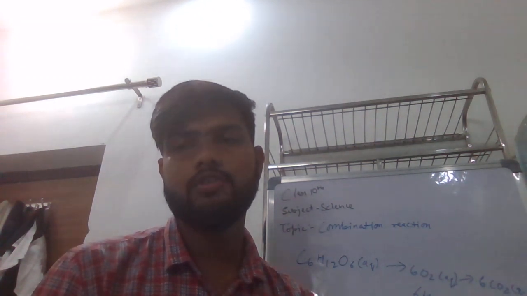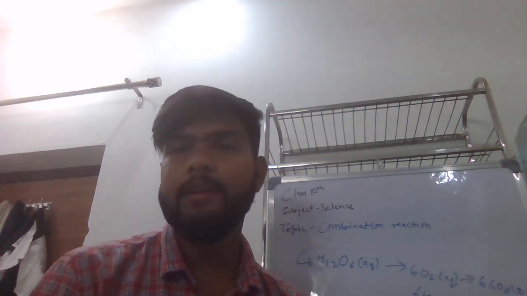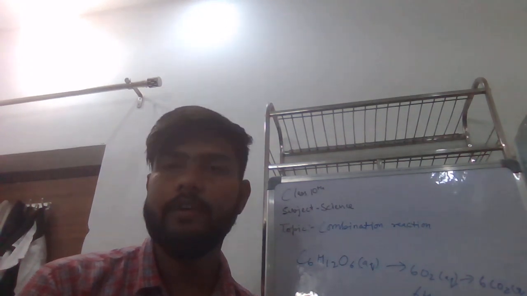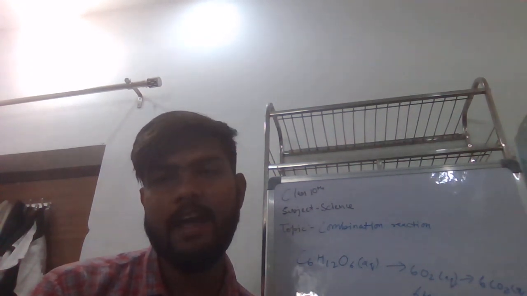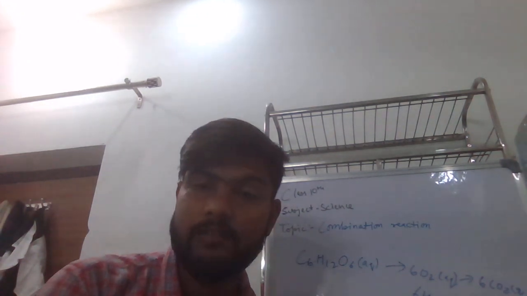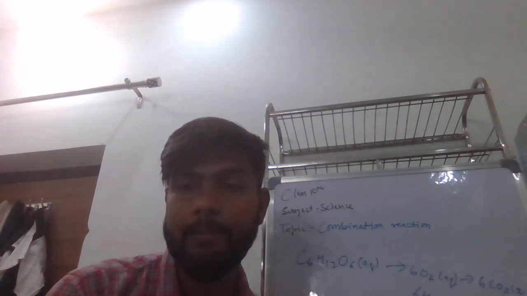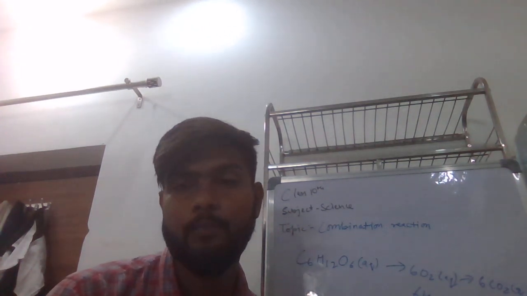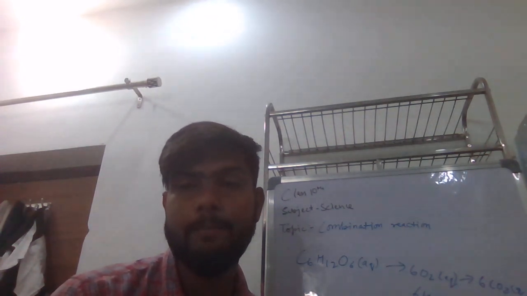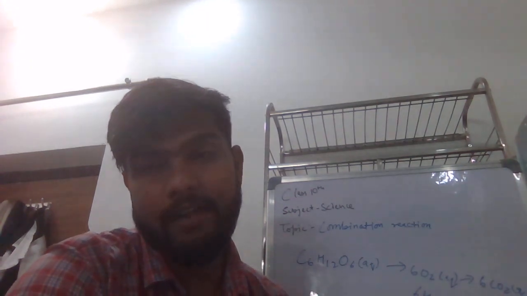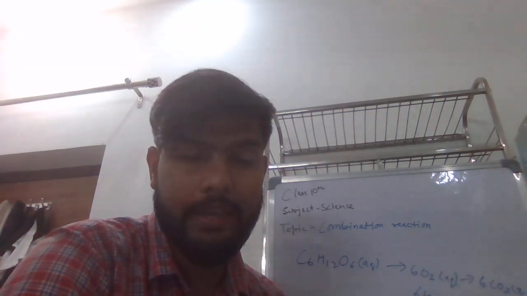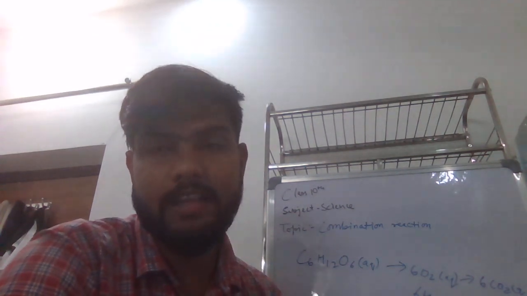Again I have a question for you: barium metal and fluorine gas react to form barium fluoride. Which of the following reactions describes the correct combination reaction? There are four options given: A, Ba + F2 gives BaF2; B, BaF2 reacts to give Ba + F2; C, Ba + F2 gives BaF2; and D, BaF2 reacts to give Ba + F2.